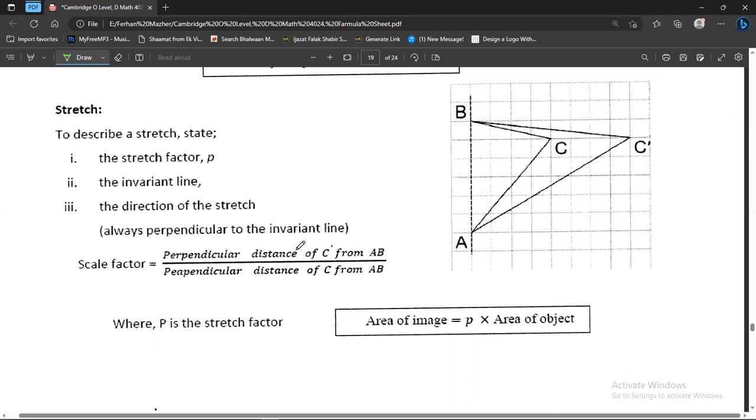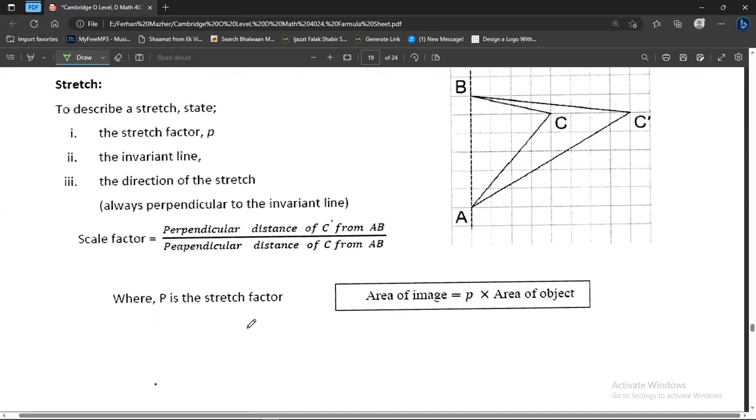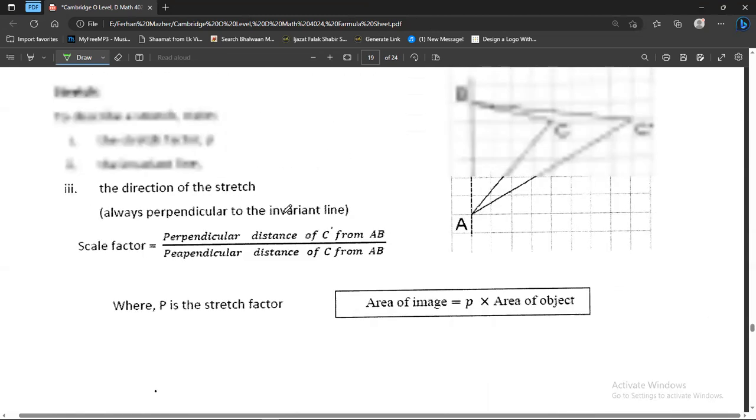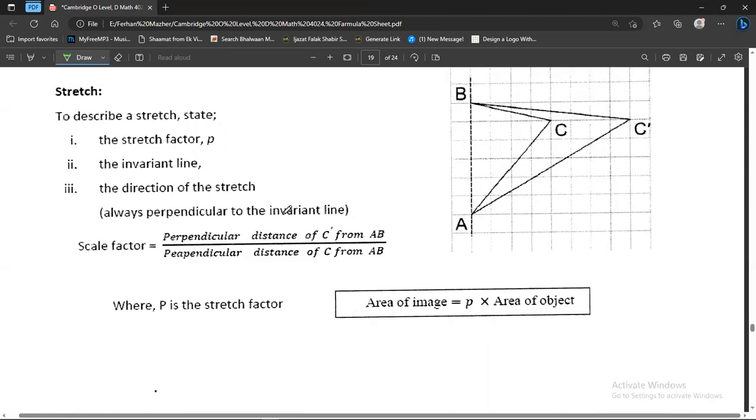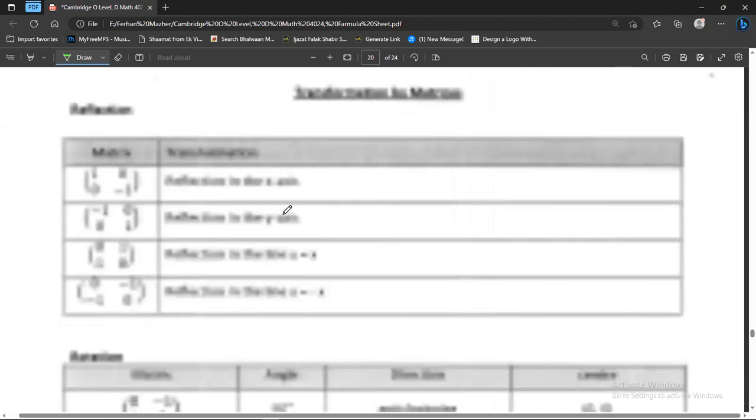The scale factor is the perpendicular distance of C prime from AB divided by the perpendicular distance of C from AB, where P is the stretch factor. Area of the image is equal to P times the area of the object. The shear and the stretch have both been removed from the syllabus.